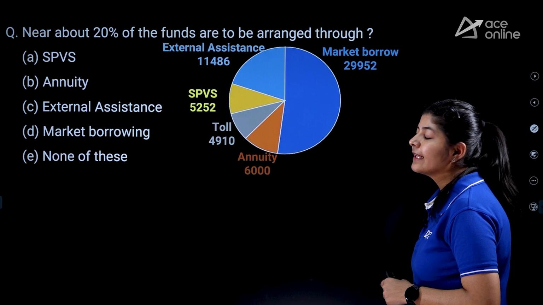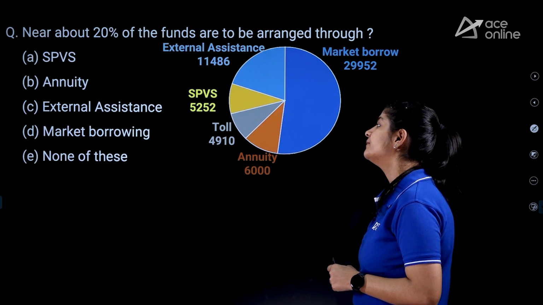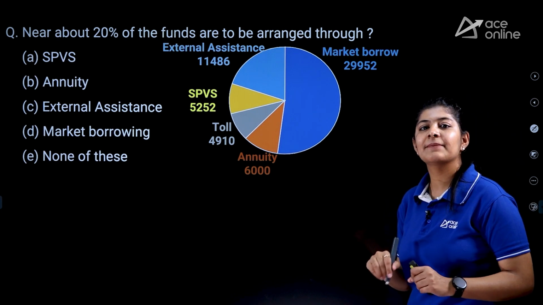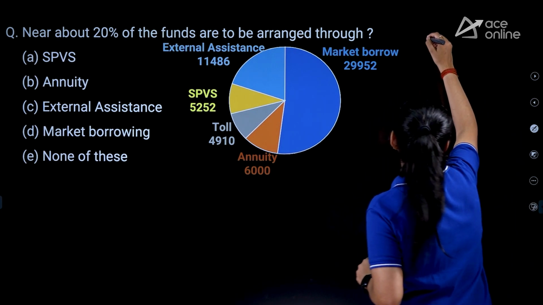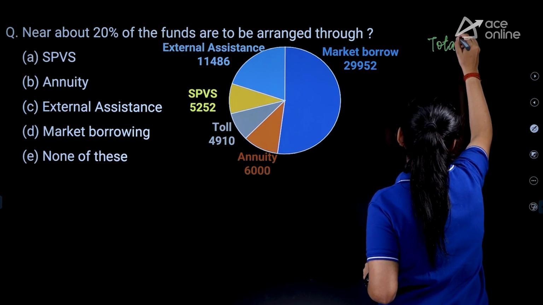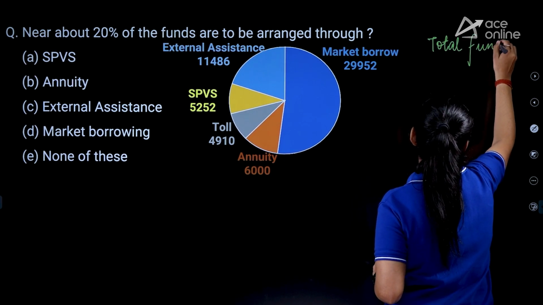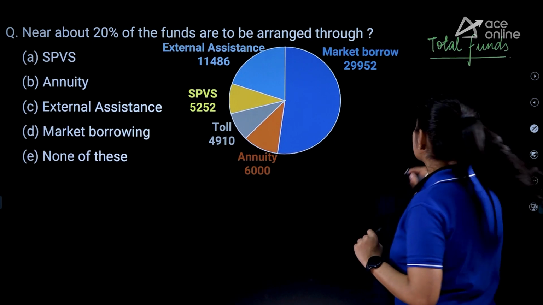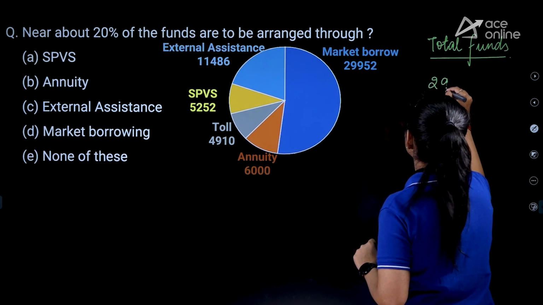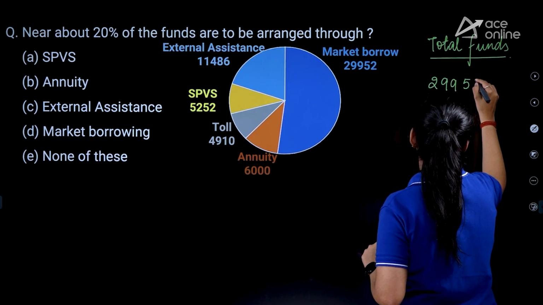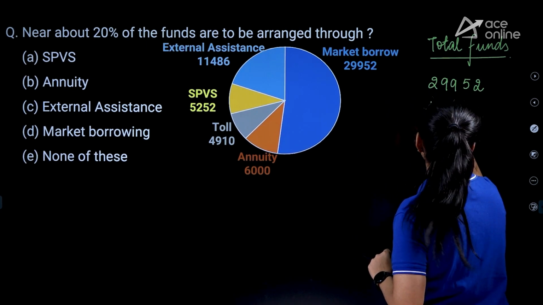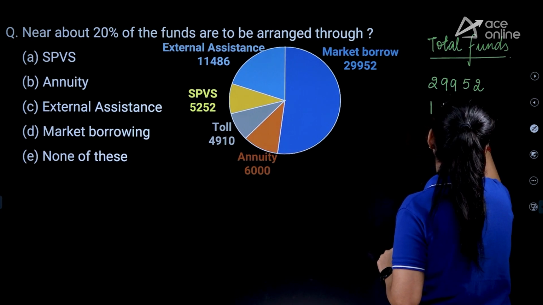So what is the correct answer? At the very initial level I am trying to find the total funds. From market borrowing, I am getting 29,952. From external assistance, I am getting 11,486.